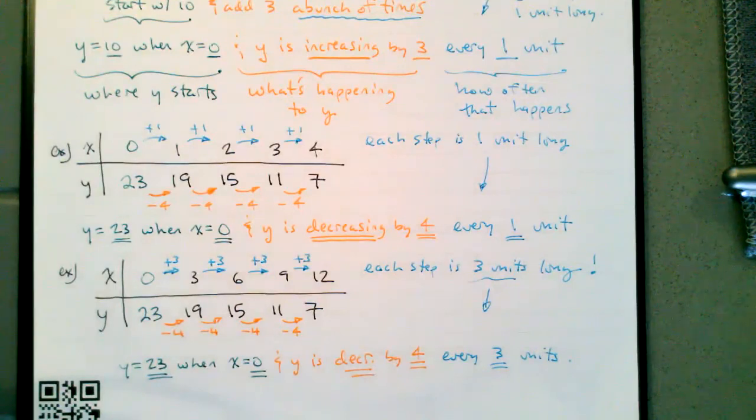Y is 23 when x is 0, and y is decreasing by 4 every 3 units. We're describing where y starts, we describe what's happening to the y, and we describe how often that happens.